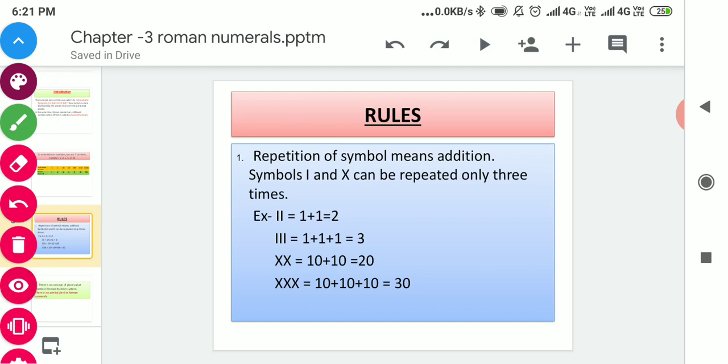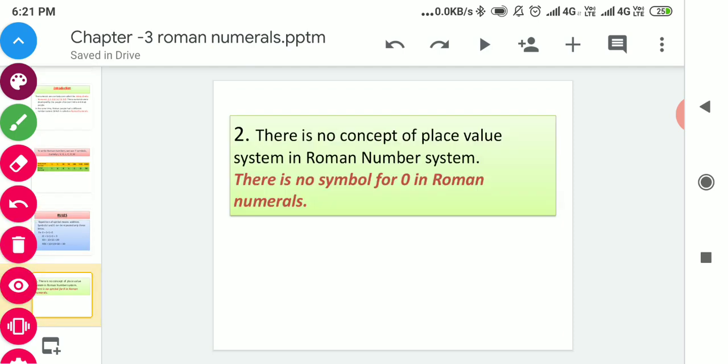Rule number 2. There is no concept of place value system in the Roman number system. As you study in Hindu Arabic numerals, if a number is given as 123 and you have to find the place value of this 2, you will give the answer 20.